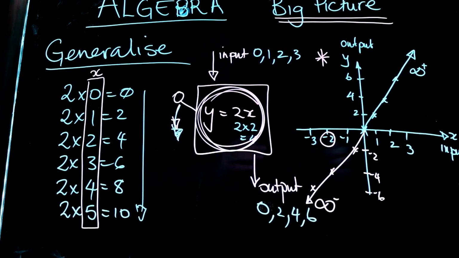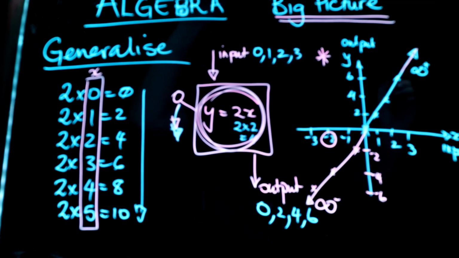We're starting to shift our thinking towards, well, with this equation, y equals 2x, depending on the numbers that I put in, I'm going to get certain numbers out, and those numbers are going to fall on this line here that I've made up, okay?